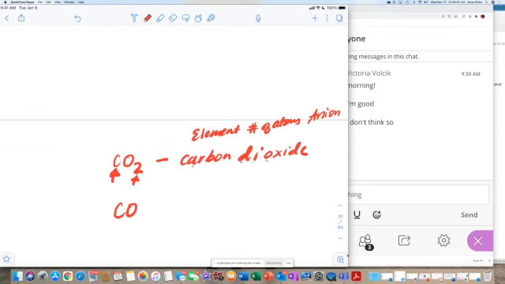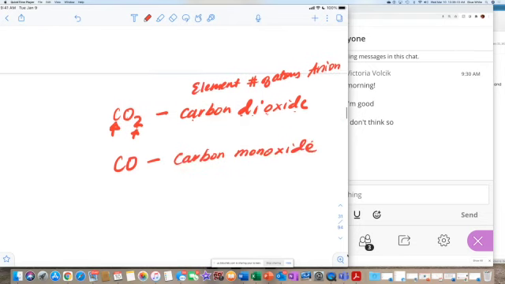Carbon dioxide. Okay. Then this one here, carbon monoxide. Oh, now I can't spell. Once again, carbon referring to the first element, and then mon referring to the number of the atoms of the second element. And then oxide, once again, the second element is being named as an anion.